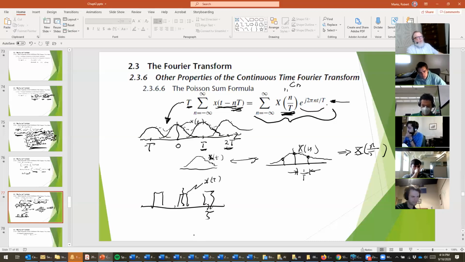As we saw before, we could take a single period of this, Fourier transform it, and sample it, and that became the Fourier series coefficients. So this is a generalization of that idea. And it's called the Poisson Sum Formula.